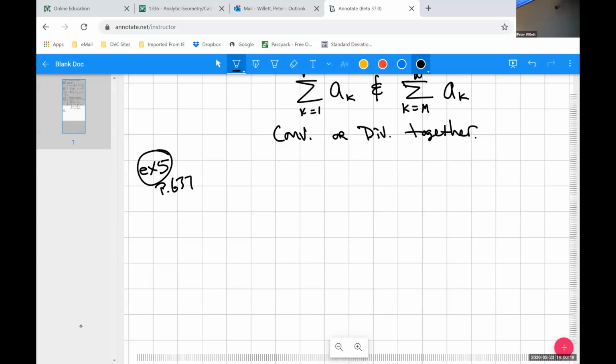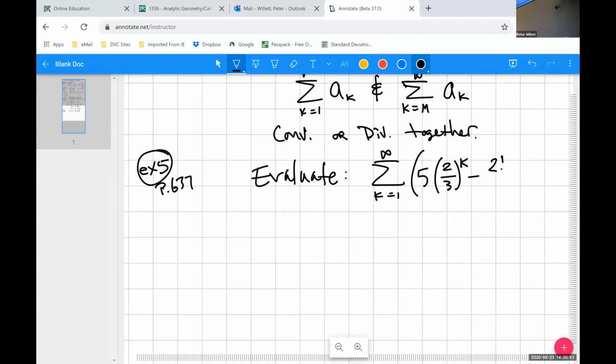It says evaluate the infinite series. And it has the series as k goes from 1 to infinity of 5 times 2/3 to the k, minus 2 to the k minus 1 over 7 to the k.